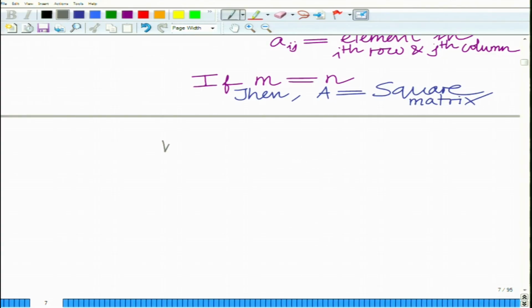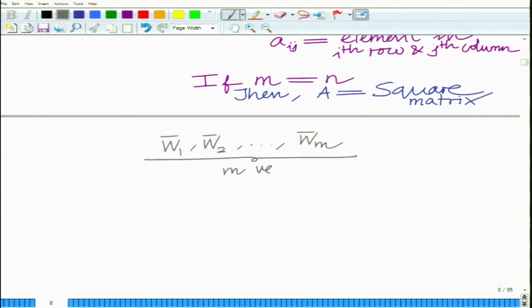So, let us consider vectors w bar 1, w bar 2, so on up to w bar m. This is a set of m vectors.